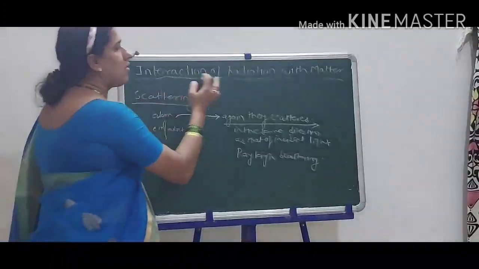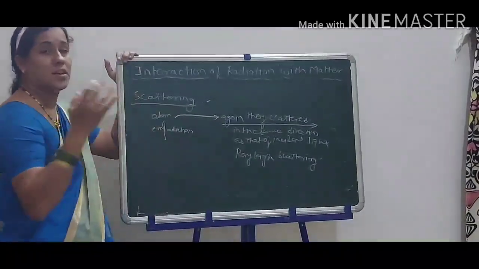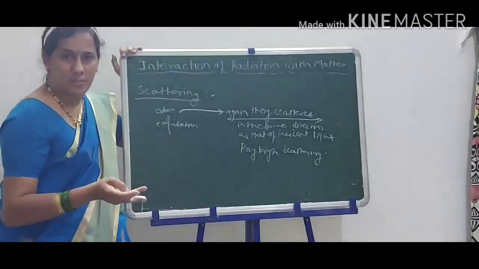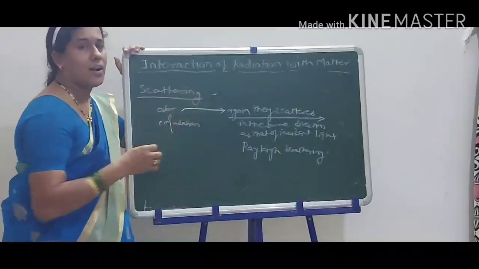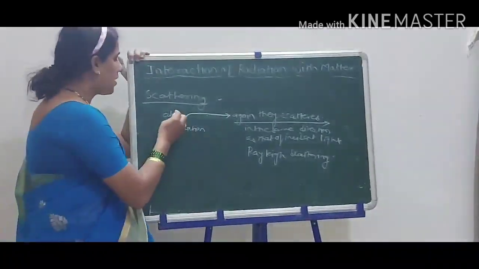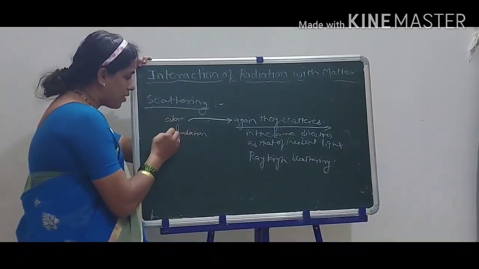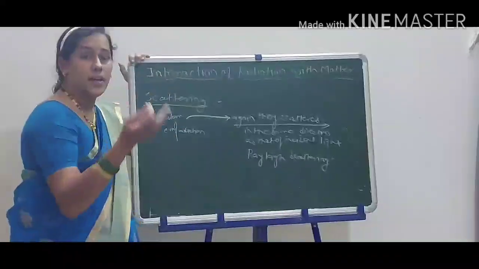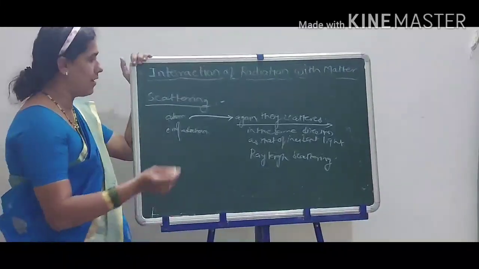Thus, the interaction of radiation with matter involves four phenomena. First is absorption, second is emission, third is scattering, and fourth is reflection. When an atom absorbs electromagnetic radiation, some of the energy is emitted in the form of light.